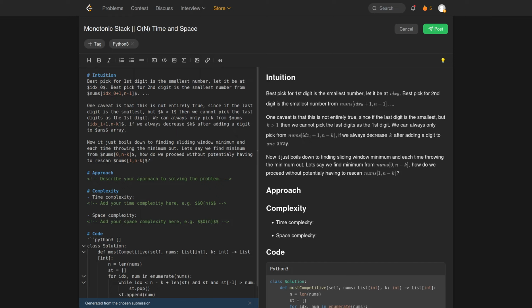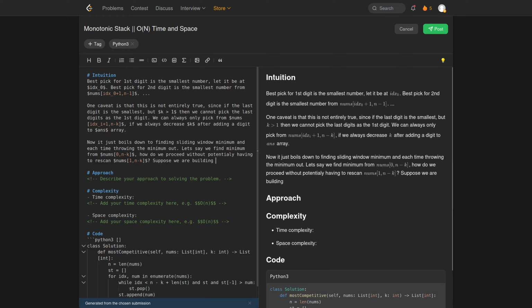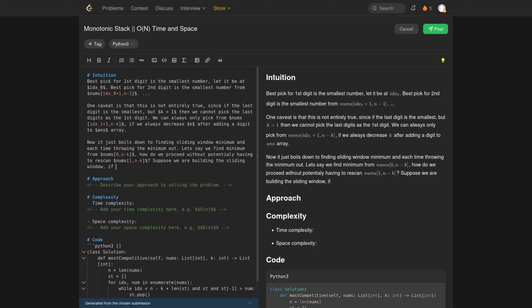Okay, so we are building the sliding window, and we are at index i.